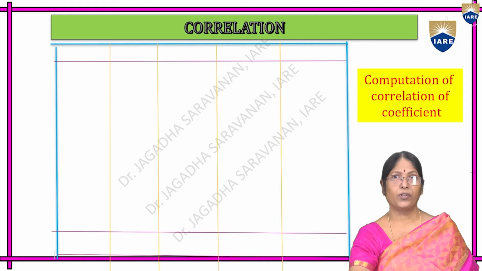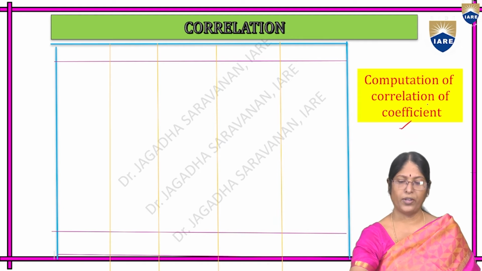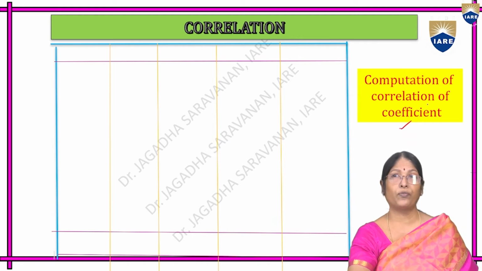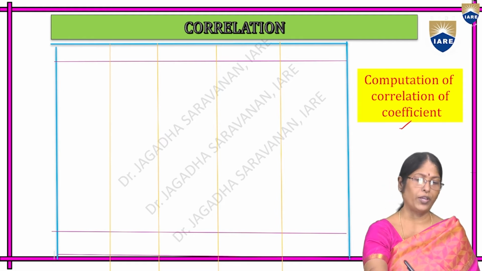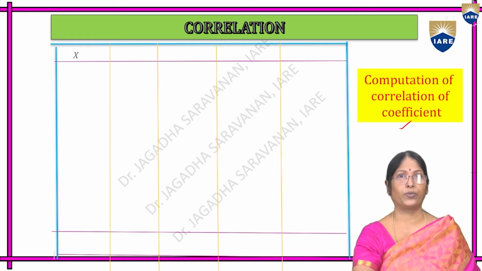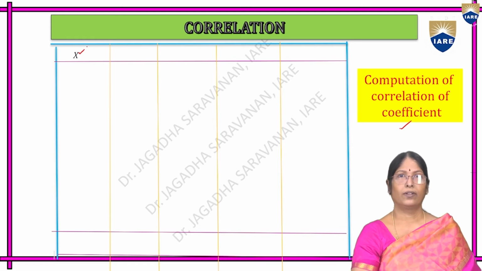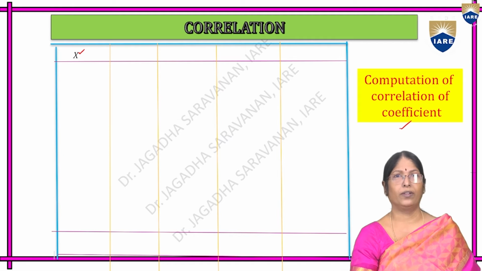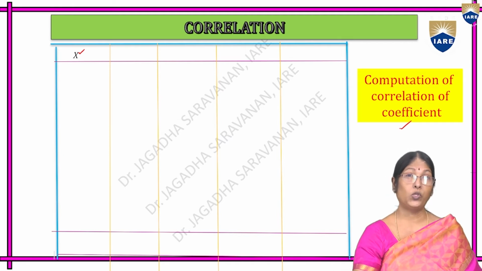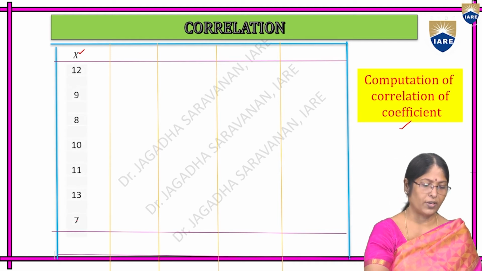The table is ready now. The heading is computation of coefficient of correlation. The terms in the formula are the values we are going to find out. The first one is x, which is given in the question, with the data listed here.